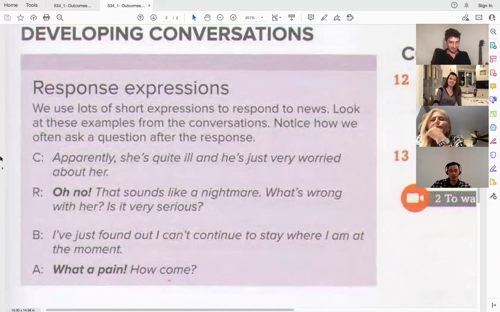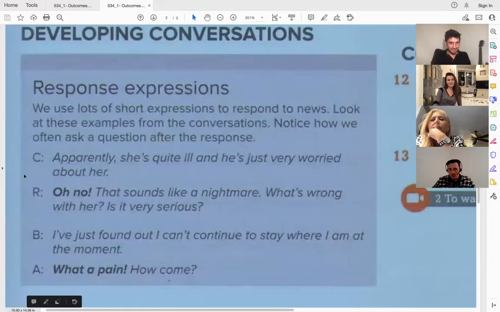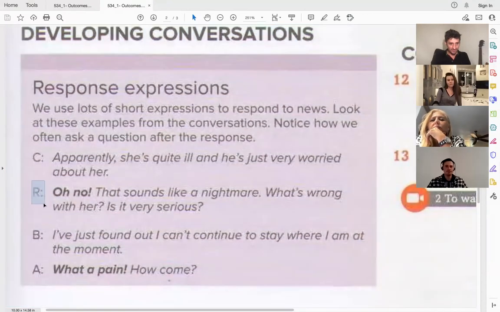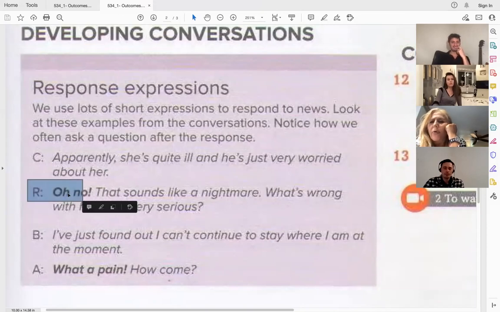Perfect. So Emily, you can be C. And then Ada, you can be R. Apparently, she's quite ill, and he's just very worried about her. Oh no, that sounds like a nightmare. What's wrong with her? Is it very serious?